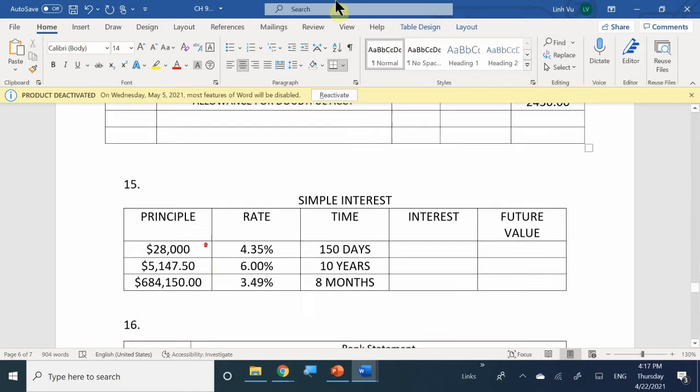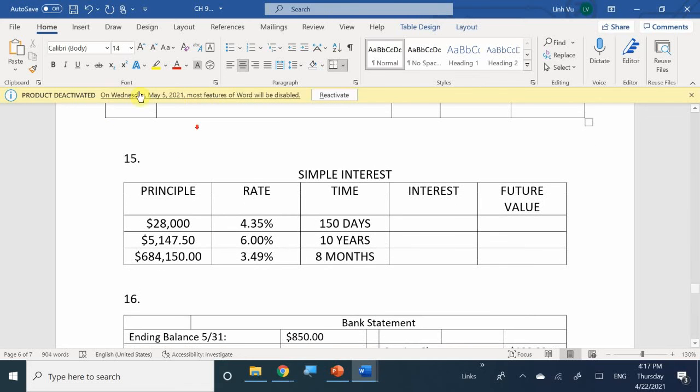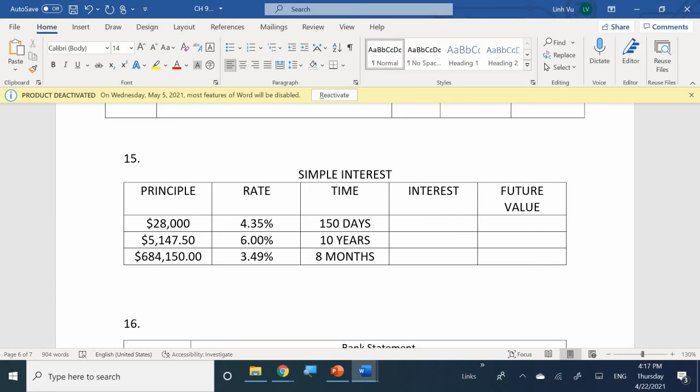Okay, so what is going to be my interest? Okay, so what's the formula? $88.4. Okay, let's double confirm that.